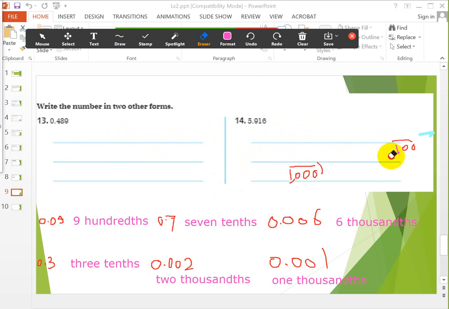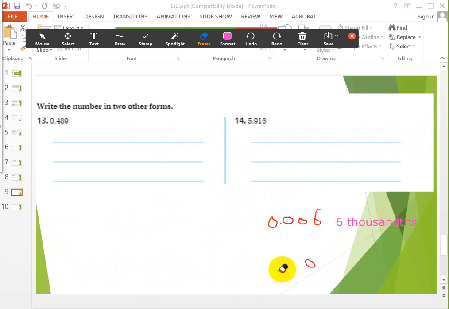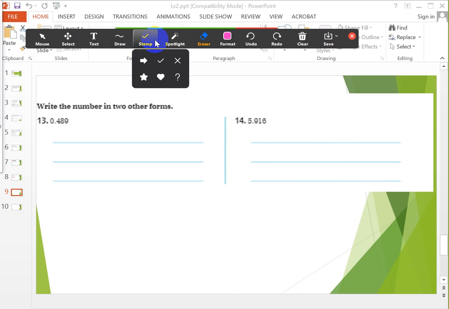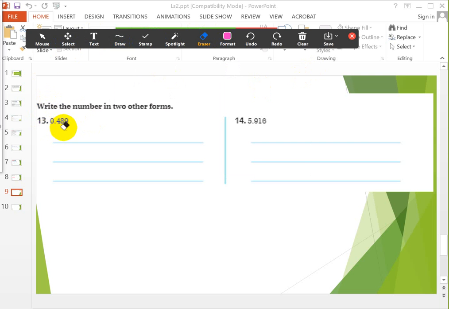In exercise number 13, let's write 2 forms for the same number. This number is 0.489. How will I read it? 489 thousandths. So in word form, I have 0 in the ones digit. No need to mention it because it doesn't change the value of the number.